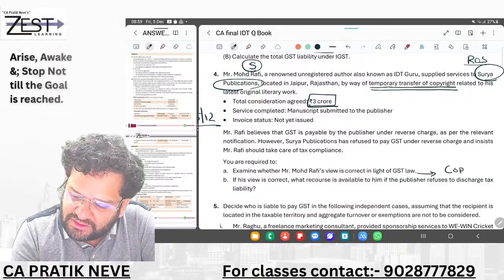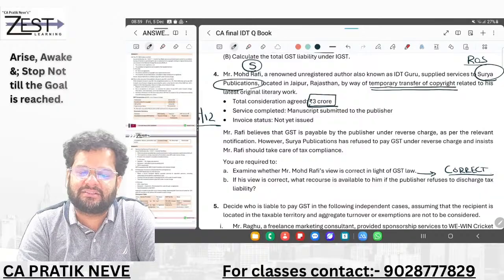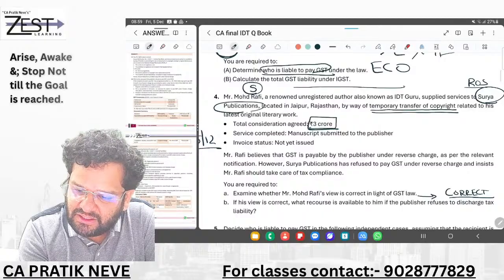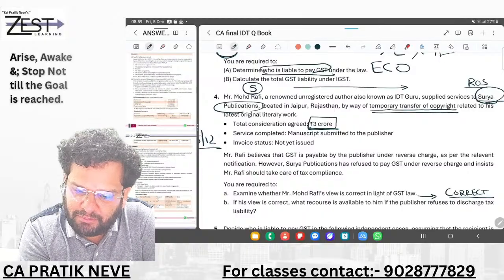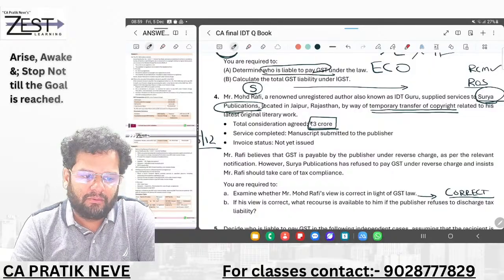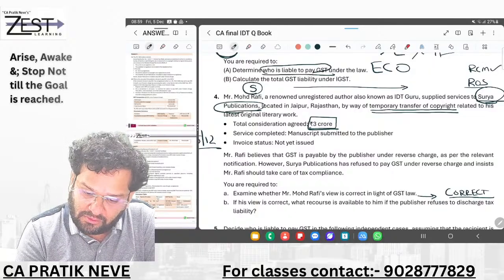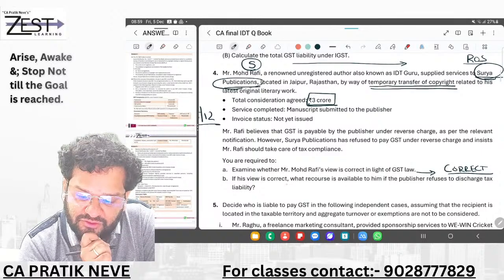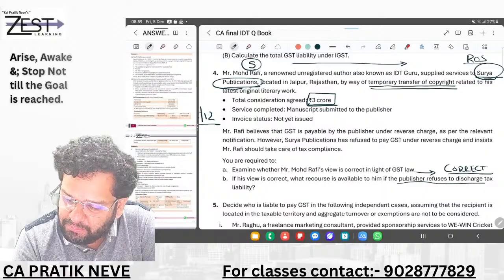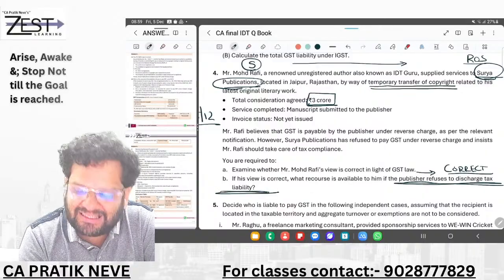So actually the view is correct. The liability is of publisher to pay GST on RCM basis. All of you understood. Supplier is Mohammad Rafi. Recipient of supply is Surya Publications. So RCM is applicable. But now, if his view is correct, what recourse is available to him if publisher refuses to discharge tax liability?